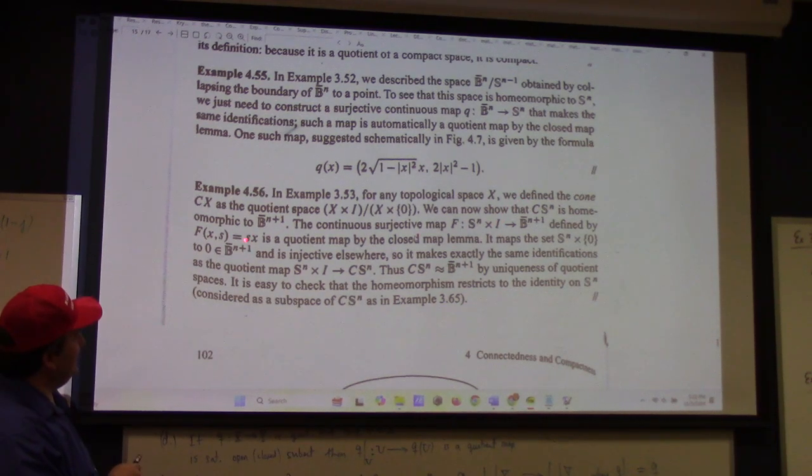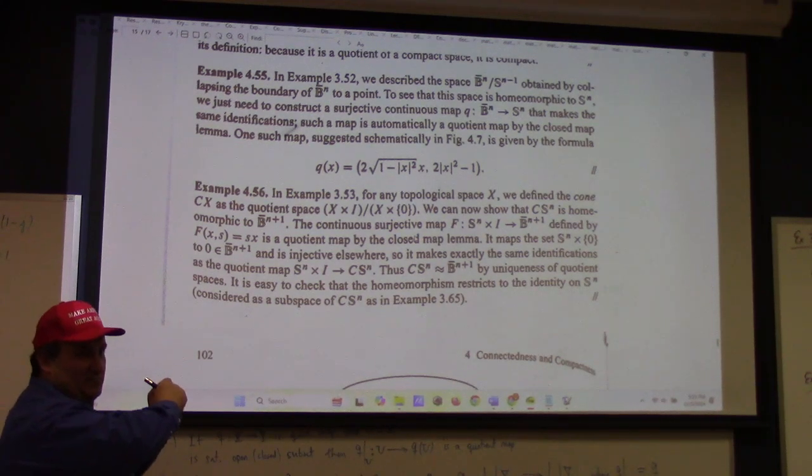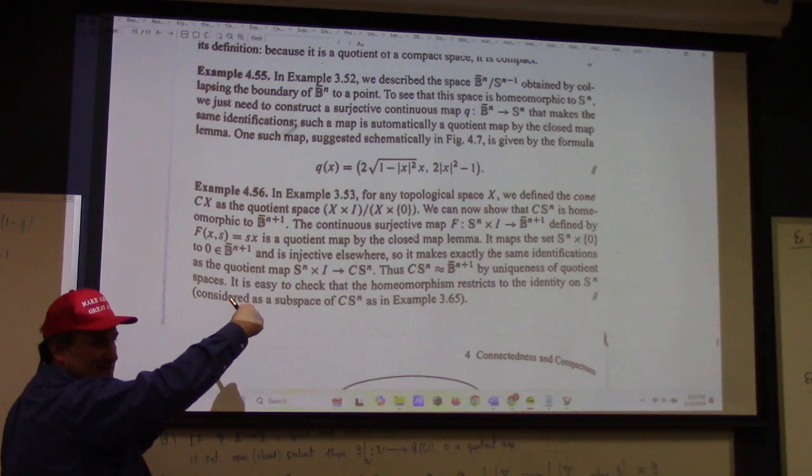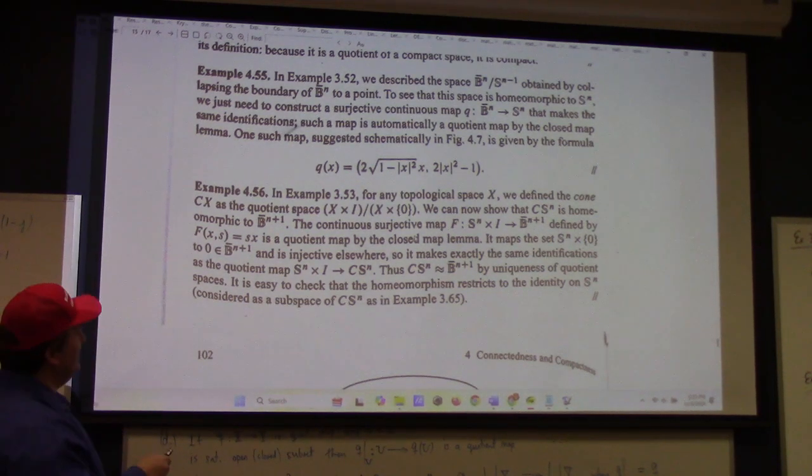So as s ranges from 0 to 1, you go from the origin out to the point on the n-sphere, and you fill out the whole closed ball, B bar n plus 1. It's a beautiful map, and that's a quotient map by the closed map lemma because this is compact and that's Hausdorff. So yay! And it maps this set to 0 in there, and it's injective elsewhere.